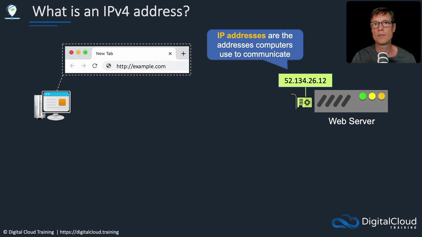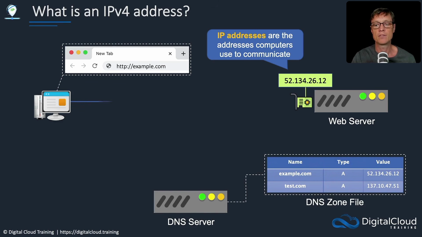Now, what happens now, because you've put in example.com, but like I said, the computers communicate using IP addresses. So this is where a domain name system or DNS server comes in. Your computer will speak to a DNS server, and it's going to ask that DNS server what is the IP address for example.com.